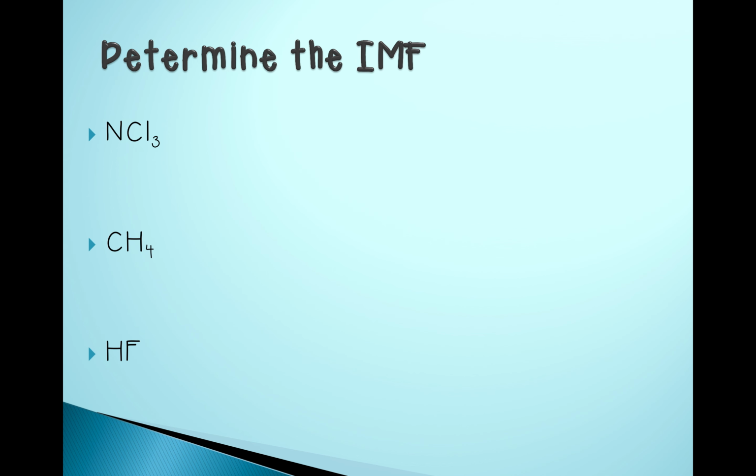So we're going to determine the type of IMF for these 3 types of bonds. In order to do this, we're going to need the Lewis dot diagram. So figure out the Lewis dot diagram and then figure out the polarity from that, which you would need to know the VSEPR shape from. And then once you do that, you can figure out the type of IMF.